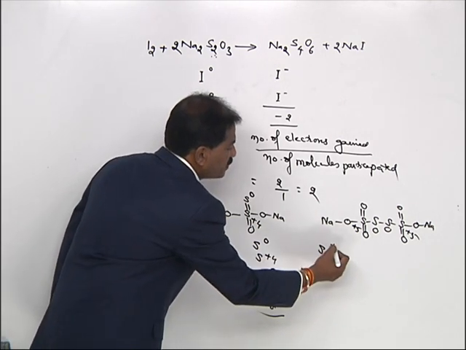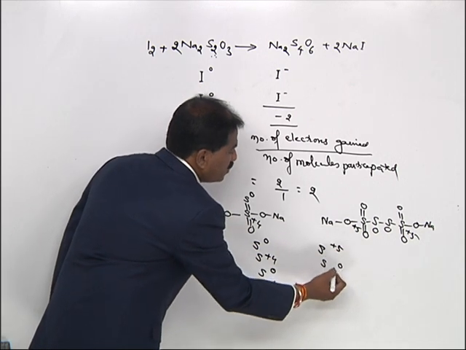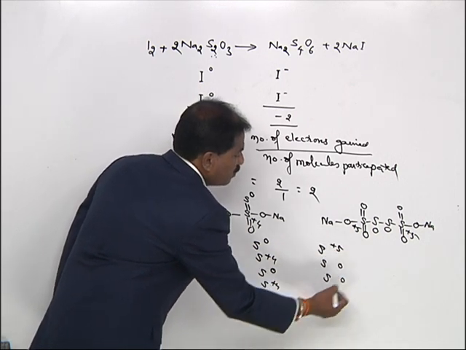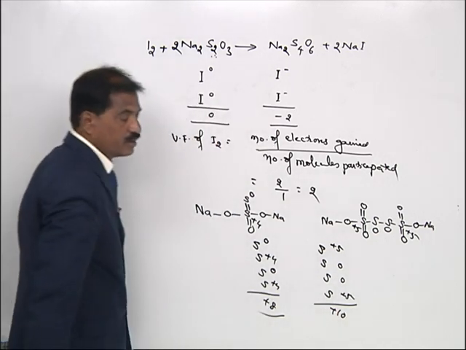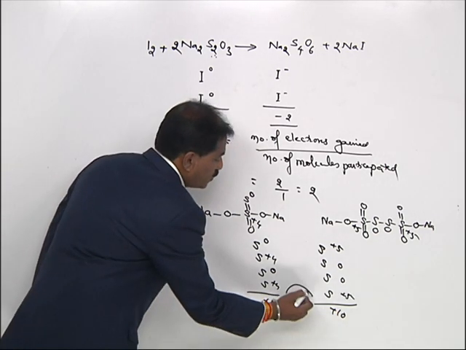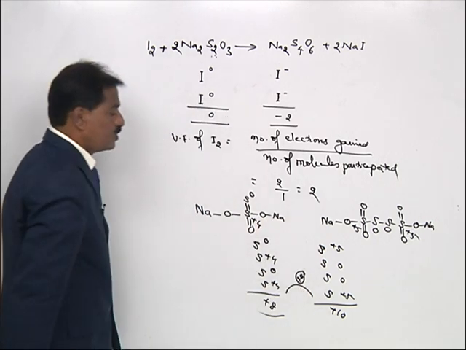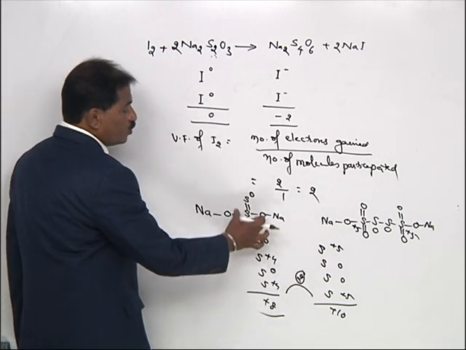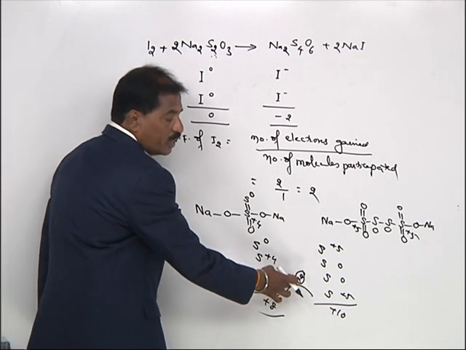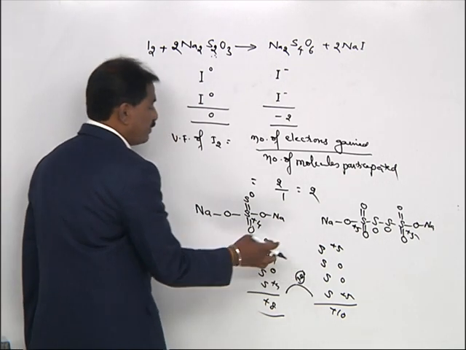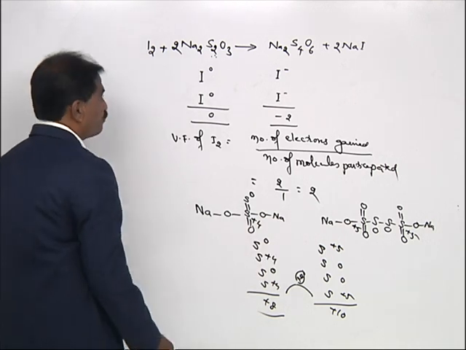First sulfur +5, second sulfur 0, third sulfur 0, fourth sulfur +5. Here the total is +10. The difference is 2 units. That means 2 thiosulfate molecules upon participation have released 2 electrons. Therefore, valence factor of the thiosulfate.